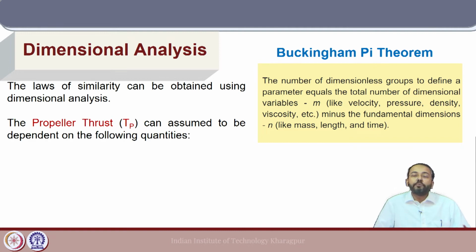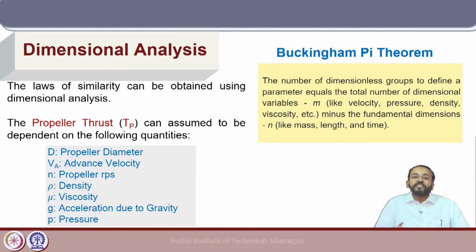So, if we think about the propeller thrust, what does it depend on? What are the quantities that the propeller thrust depends on? It depends on certain quantities, as we see here, some of which are constants and some of which are variables. For example, the propeller thrust depends on propeller diameter, the velocity of advance, the propeller rotational speed, density, viscosity, acceleration due to gravity, pressure, all these terms.